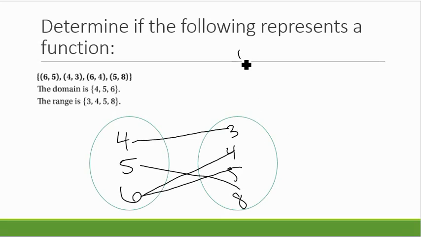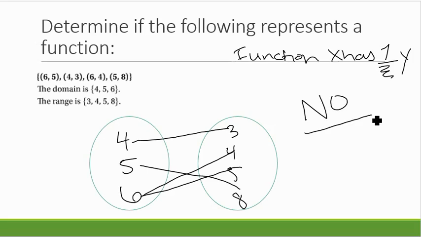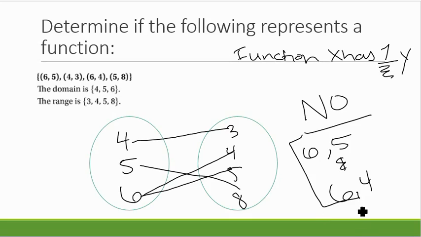So you think function: x has one y. Does every x only have one y value? Is there only one line coming out of each x? Your answer here is no. 6 goes to 5 and 6 goes to 4. So this is why it's not a function.